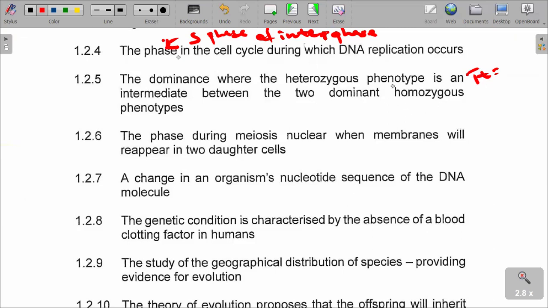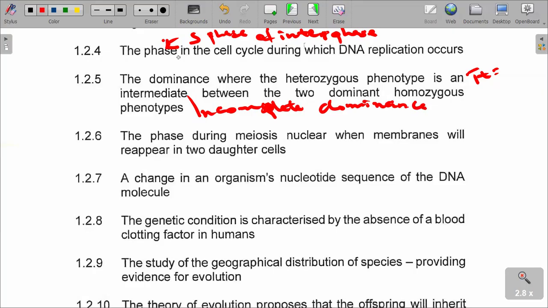A heterozygous phenotype is an intermediate between the two homozygous phenotypes. We call that incomplete dominance.